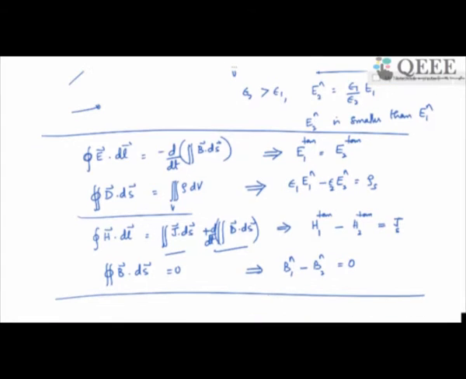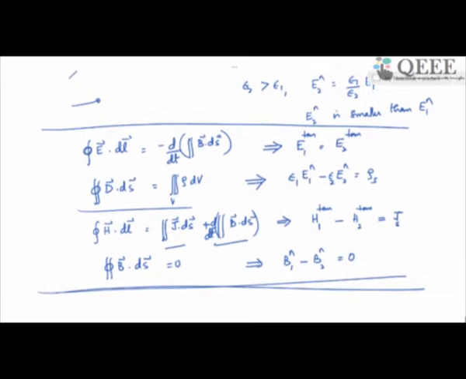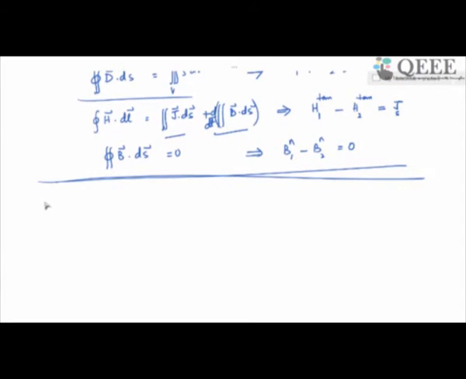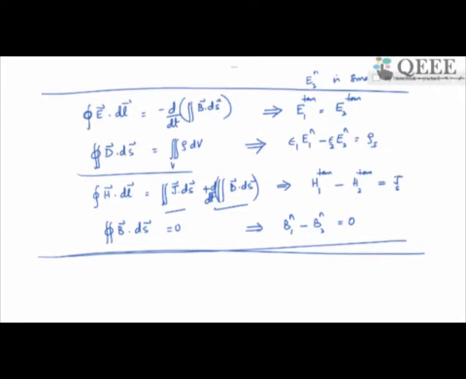What we will do is work out application examples for these boundary conditions, but before that let us look at one more aspect of Maxwell's equations, and that aspect is the differential form. We saw these are the integral forms, and these are useful to derive these boundary conditions.